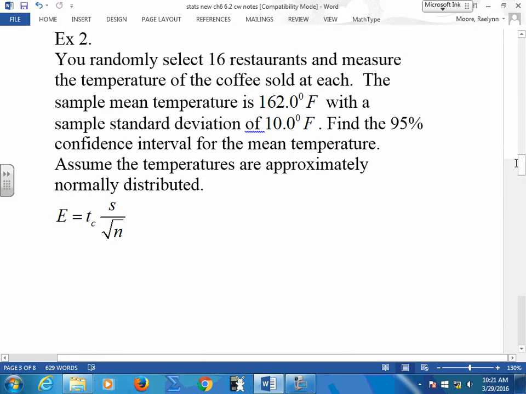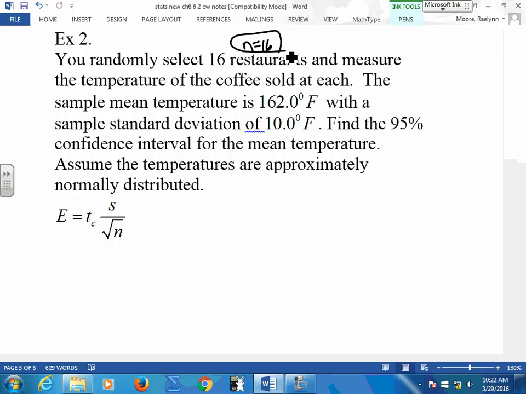So let's try this. And after we do this with the formulas, I'll do this with your calculator as well. You randomly select 16, and you're going to find that n usually is smaller when we do this. Because we don't know enough about your population, you're probably not going to be able to research and get too many in your sample size as well, because it's not a usual thing.